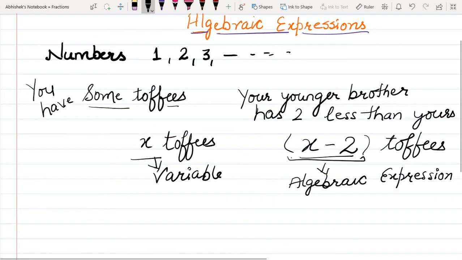So this is what an algebraic expression is.